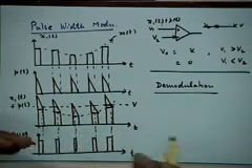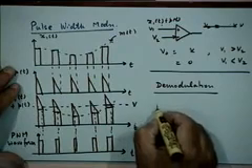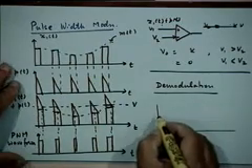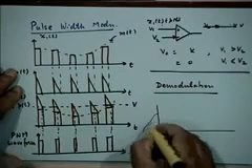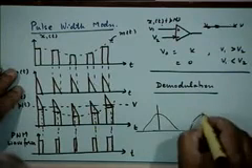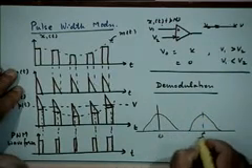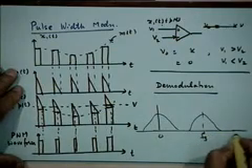It was based on the spectrum of the PPM signal. Remember that? The spectrum of the PPM signal, or the impulse sample signal, is essentially a replicated spectrum. If this is your baseband spectrum, then it gets replicated at the sampling rate, around the sampling frequency, around 2fs and so on.